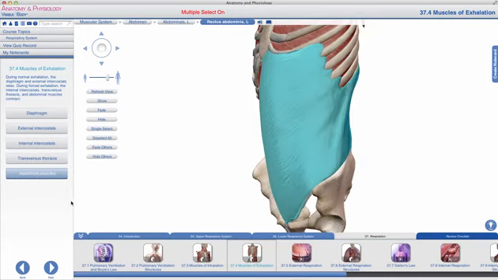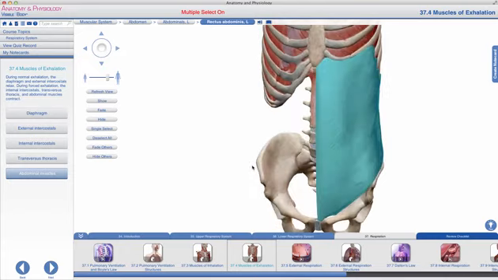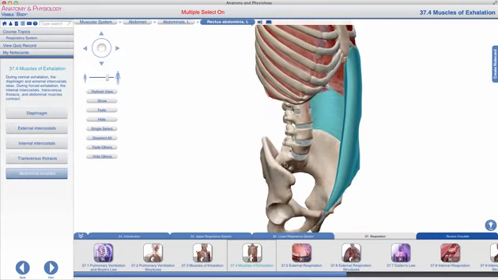With those working together, you can facilitate pulmonary ventilation via the mechanism we've just learned as Boyle's law.